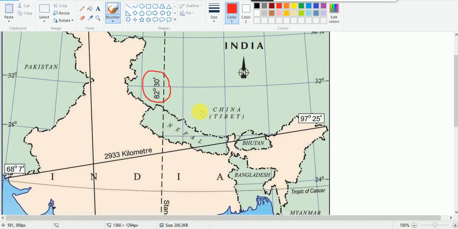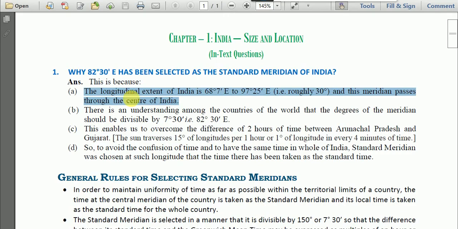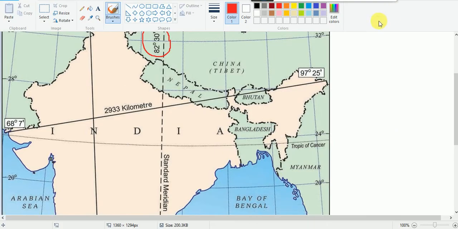Again, you must know that the east-west extent of India is given here, as mentioned in the answer. The longitudinal extent of India is 68 degree 7-minute east to 97 degree 25-minute east.